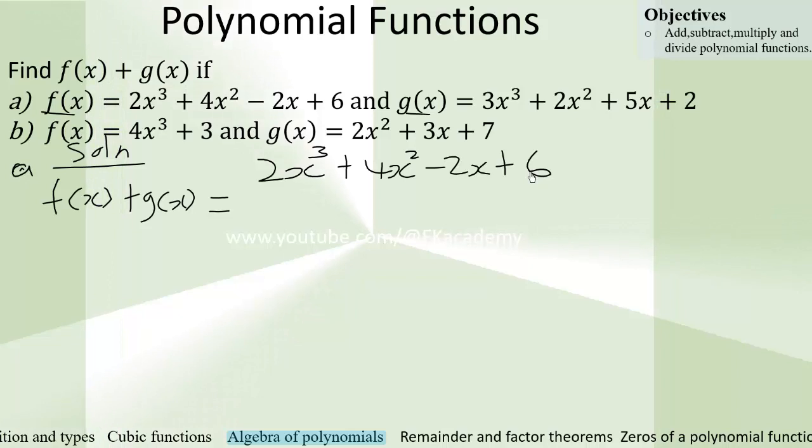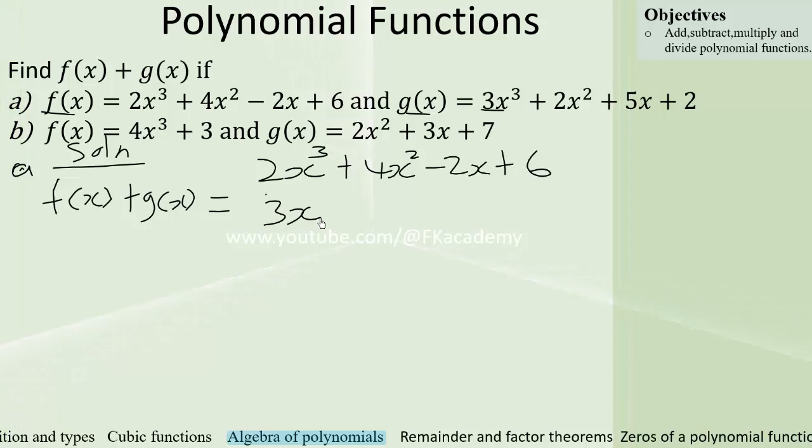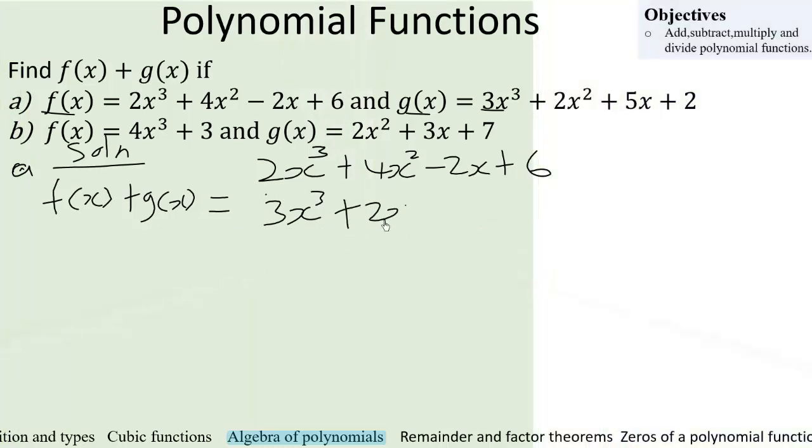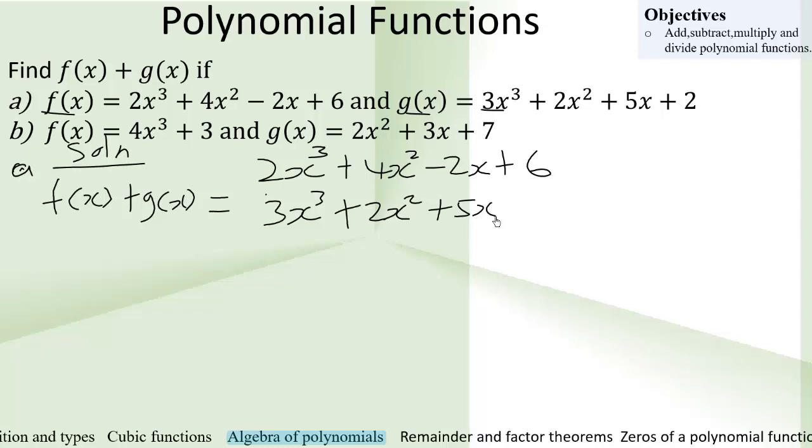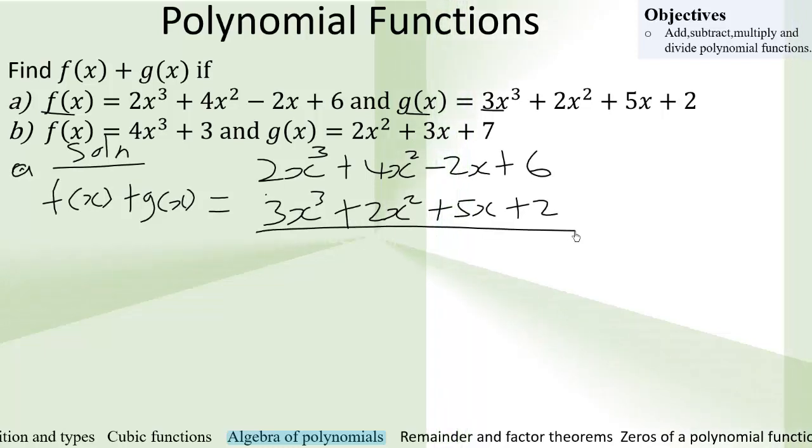In other words, the terms in a polynomial that have the same degree. So this will go with 2x cubed. So we have 3x cubed here. Then we have plus 2x squared. Then we have plus 5x. Then we have plus 2. So we add them.